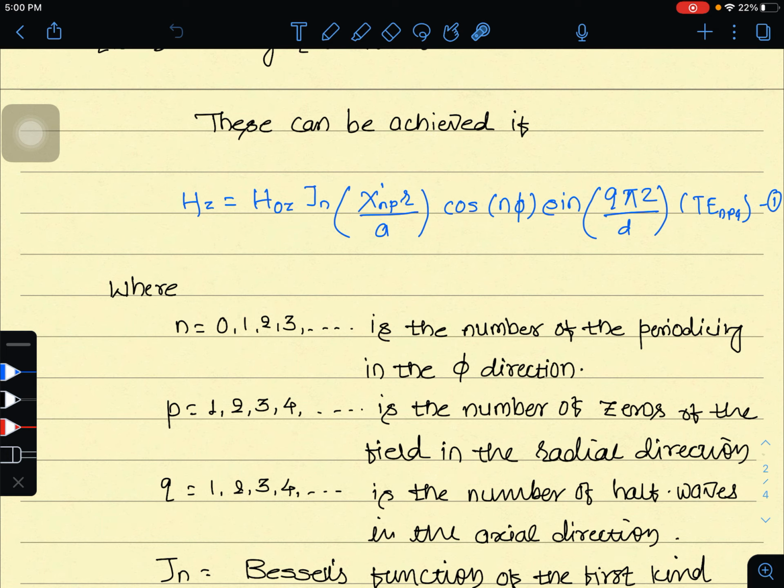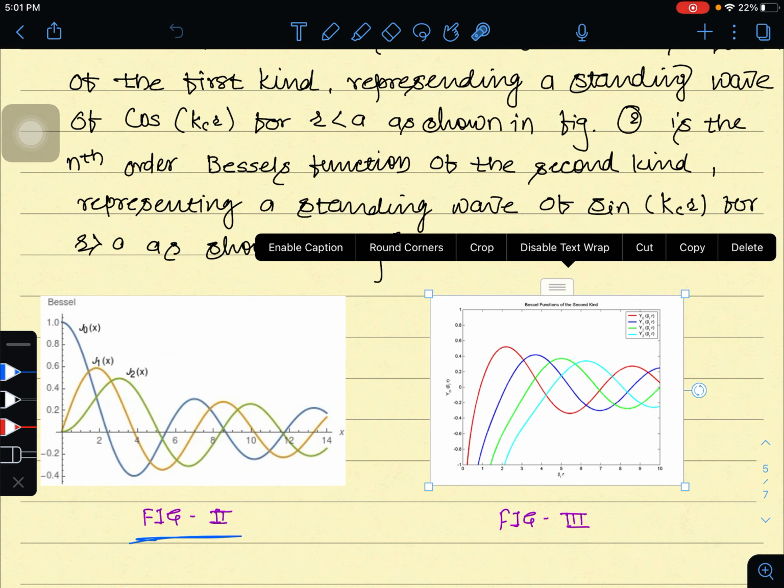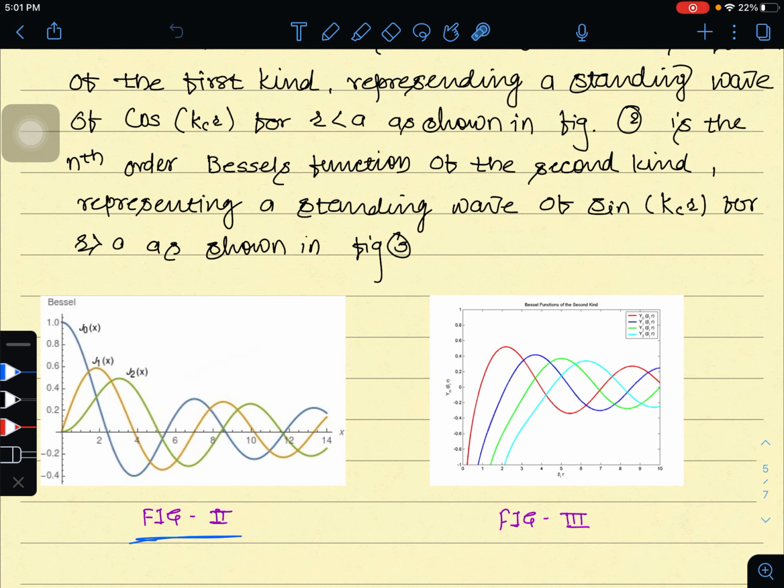And what is Jn? Jn is the Bessel function of the first kind. We know very well that in the circular waveguide we see the first kind and second kind in the diagram. We already learned about the Bessel equations of the first kind and the second kind.